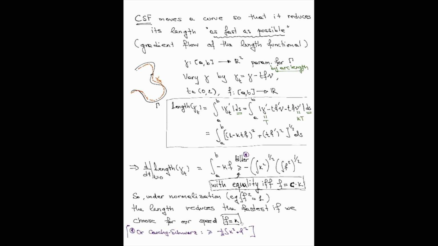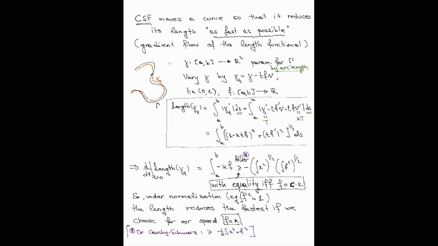This is like a parabolic way of doing this, and of course, we want to do it in the fastest way. Here, the energy is the length. What you want to do is take something and move it so that it reduces the length as fast as possible. It's not difficult to see why curve shortening flow is the best you can do so that this happens.